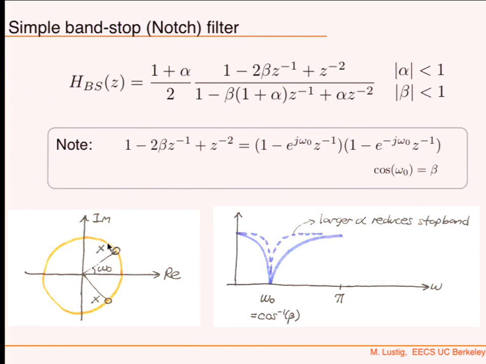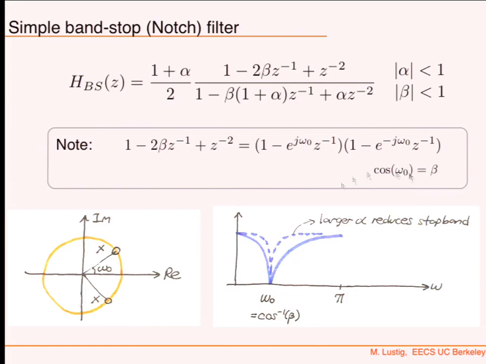As alpha gets larger, up to almost 1, you get a narrower and narrower response. If they were exactly in the same place, the zero would cancel the pole, and you would not get the notch. The response becomes infinitely narrow.